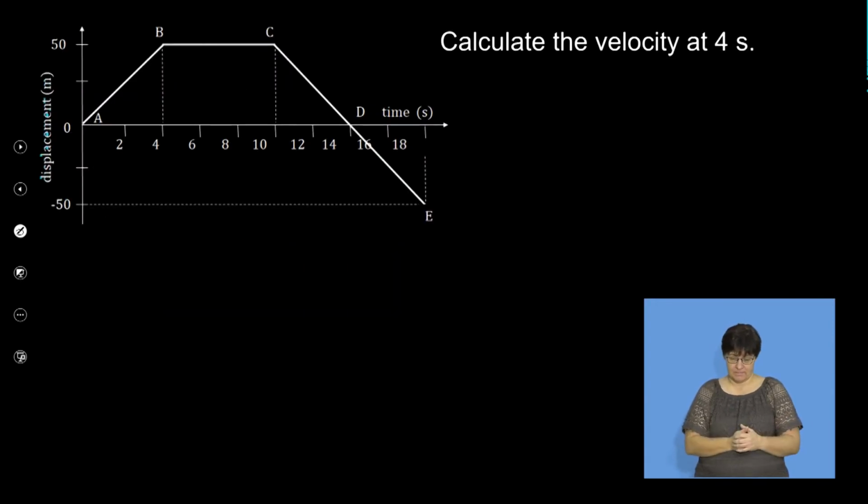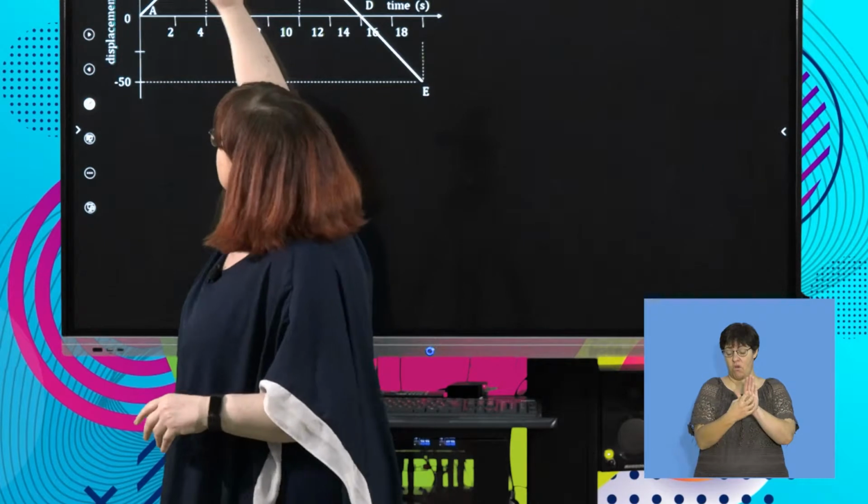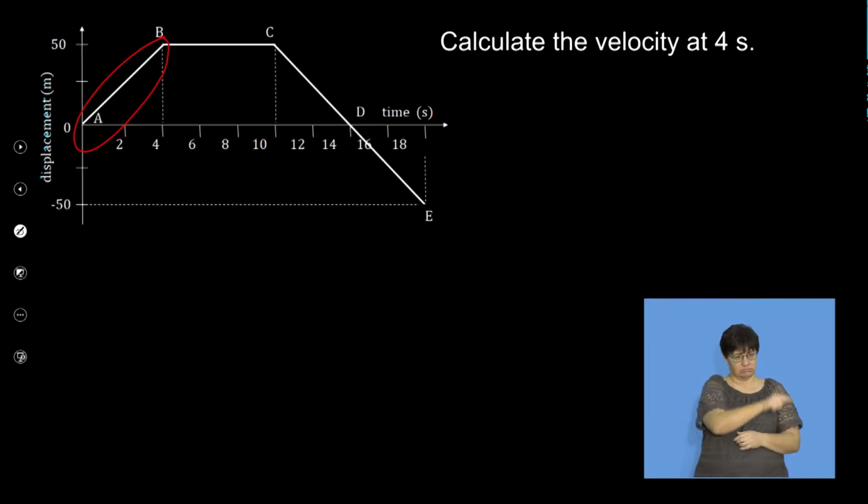First thing is, we would say to you, calculate the velocity at 4 seconds. Now, because the displacement time graph is a straight line, what is his velocity during that point? We remember from graphs that to get velocity, we use the gradient.